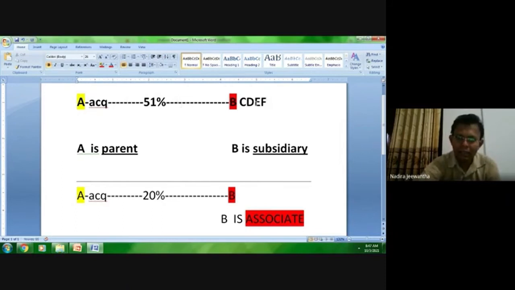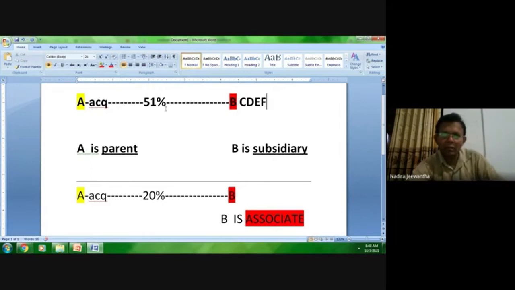Yes, no issue, if the shareholders of those companies are willing to sell their shares to A. There is no barrier. But those companies can also acquire back, and then you have defensive and post-defensive acquisition mechanisms. We will be learning that later.